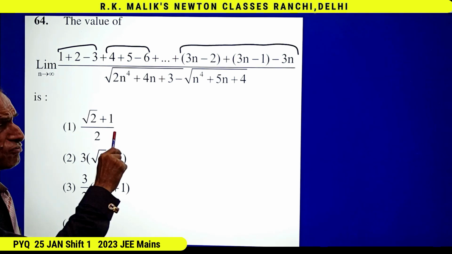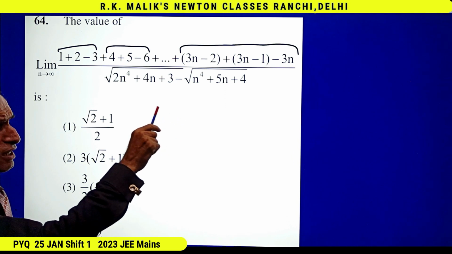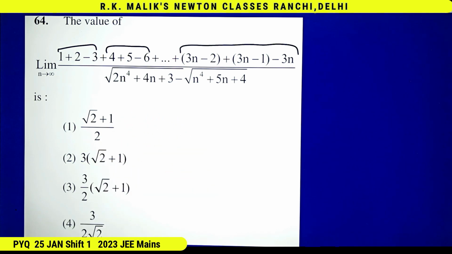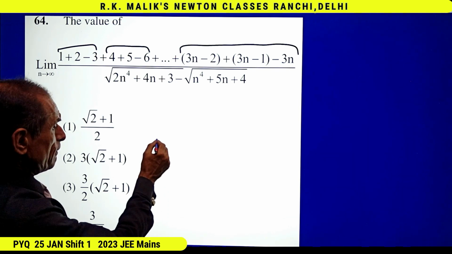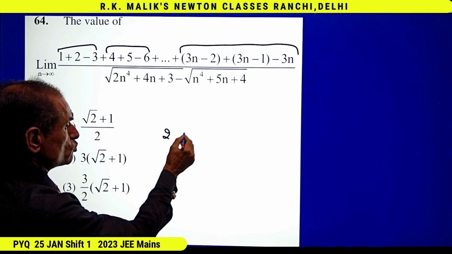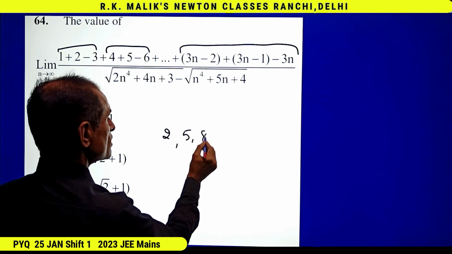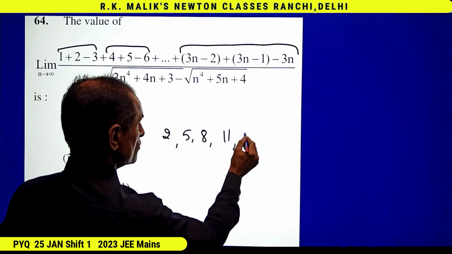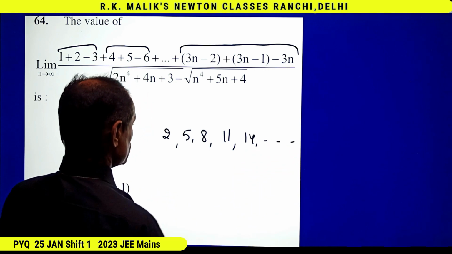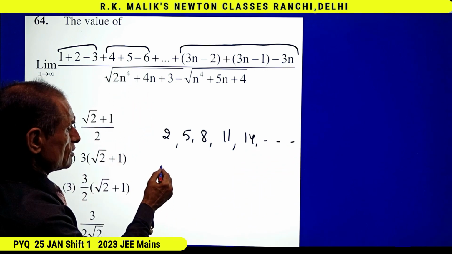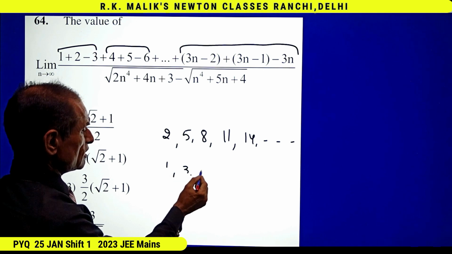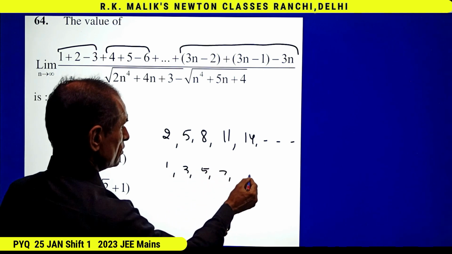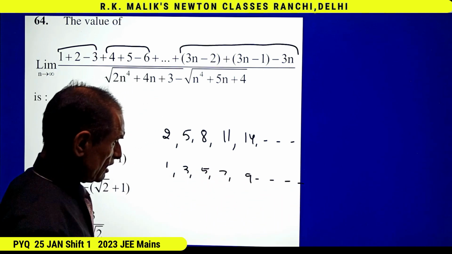And we know that if there are two APs, and I add the corresponding terms, the new sequence I get is also an AP. Suppose there is an AP having terms 2, 5, 8, 11, 14 and so on. There is one more AP, say 1, 3, 5, 7, 9 and so on.